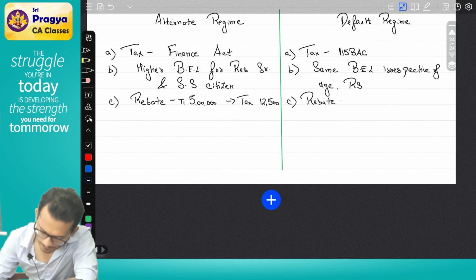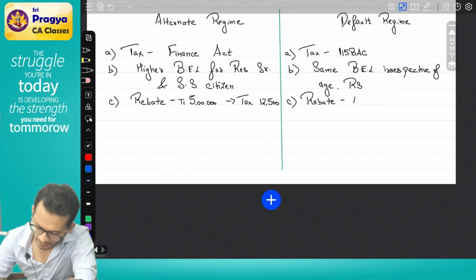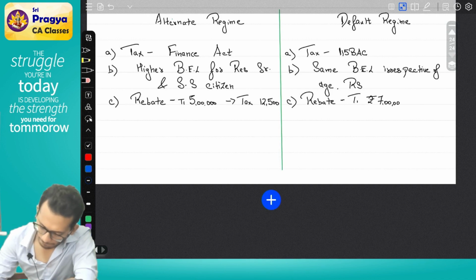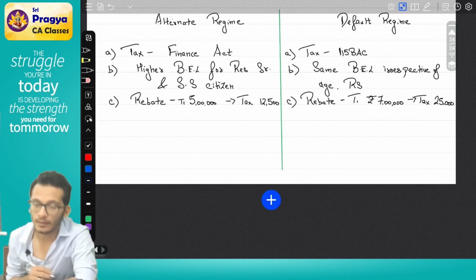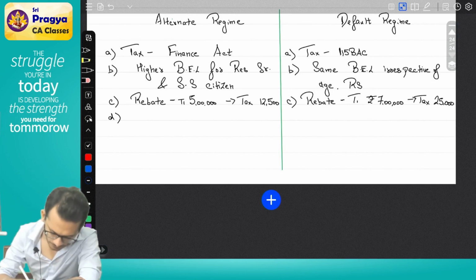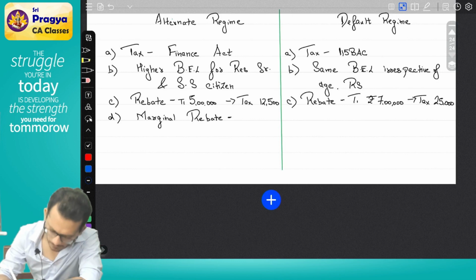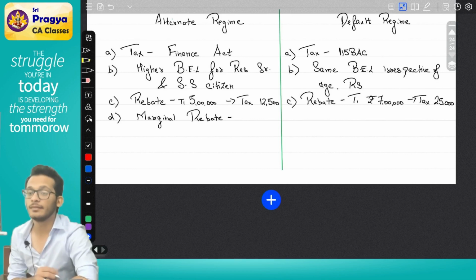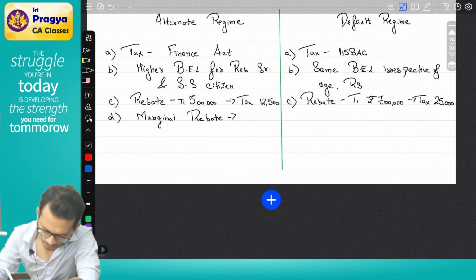Rebate in the new regime: on 7 lakhs of income, 25,000 of tax. Yes or no? Yes. Next, marginal rebate. Old regime, eligible or not eligible? Not eligible.